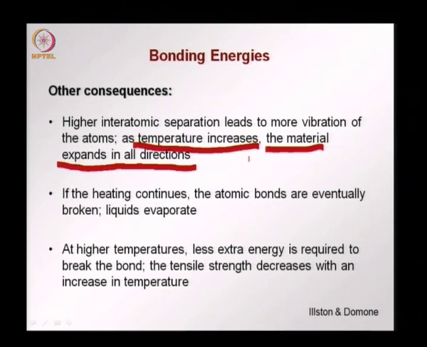As you increase the temperature, it is easier to break a material. That means the force required to break a material is smaller. So, these are some of the consequences that we can understand from looking at the Condon-Morse diagram, comparing how the diagram looks for a weak bond and a strong bond.